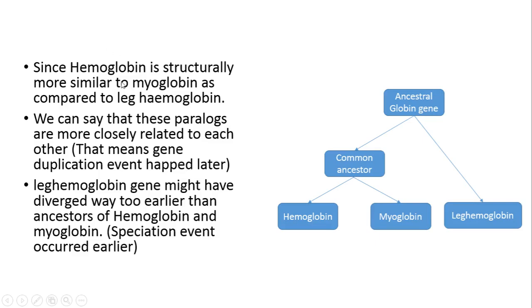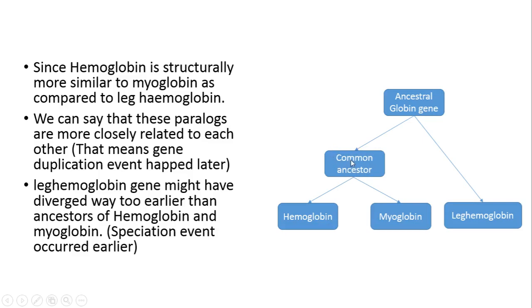Right? So based on this data, we can say that these paralogs, that is hemoglobin and myoglobin, are more closely related to each other. And since they are more closely related, that gives you an idea that these two paralogs might share a common ancestor.